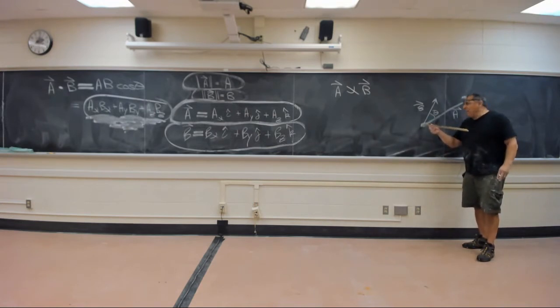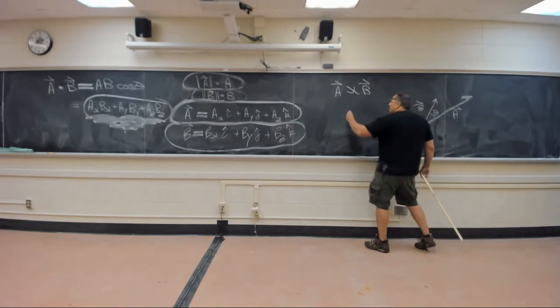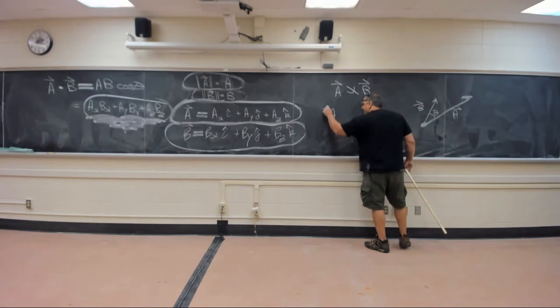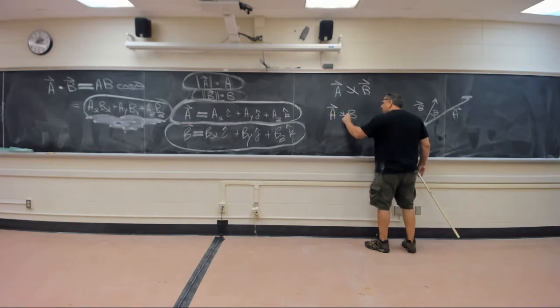perpendicular. That right there is A vector cross B vector coming right out at you. It's perpendicular to the two of those, and it's equal to the product of the two of them times the sine of theta. So A vector cross B vector is another vector.